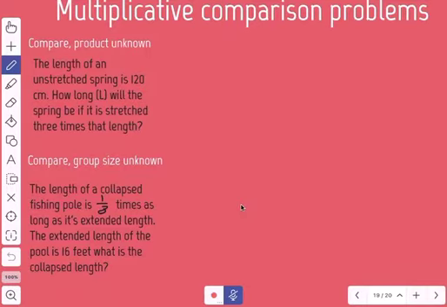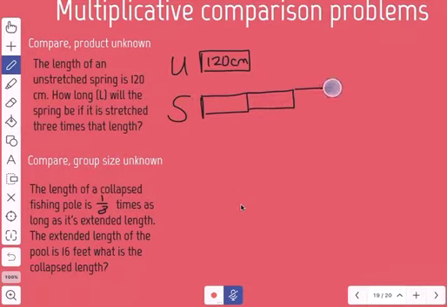So I have 2 different types of spring in this case. I have the unstretched spring and the stretched spring. The unstretched spring is 120 centimeters. The stretched spring is exactly 3 times that length. So I essentially drew this rectangle 3 times. I made it a strip of them. So we know that there's 3 of them. And I want to know then, how long is this?